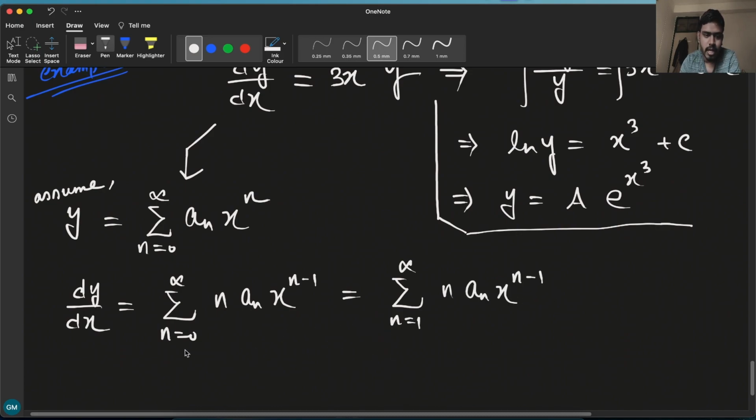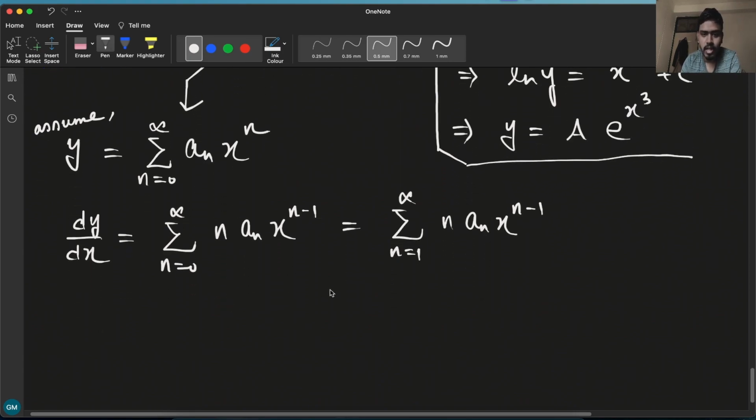It's because the n equals 0th term is 0. If we put n equals 0, then because n is sitting here, it will be 0. So I can start the index from n equals 1 safely.